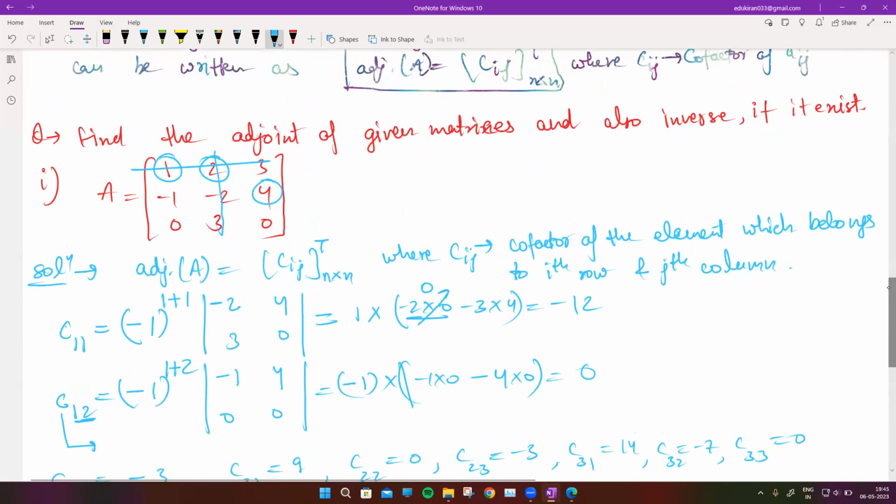C21 should be -1... I mean, we are finding out -1. So -1, delete this and delete this. This would be 2 into 0 minus 3 into 3. But as the element is from the second row and first column, C21 should be -1 to the power 2 plus 1 as well. No?